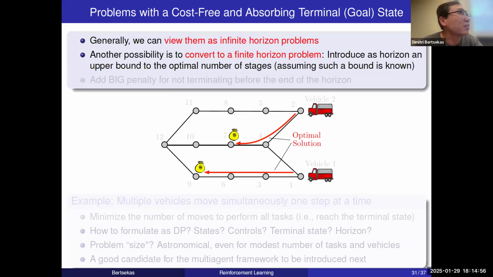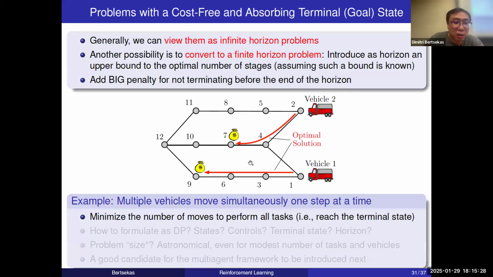So the worst case is the number of stages can be the number of cities in the United States, right? So that's a bound. Another bound: if you are a bit more knowledgeable than me, you may have a good guess. Okay, I'm going to drive through 30 cities, probably. So you can use that as an upper bound of the problem. And then add a big penalty for not terminating before the end of the horizon.